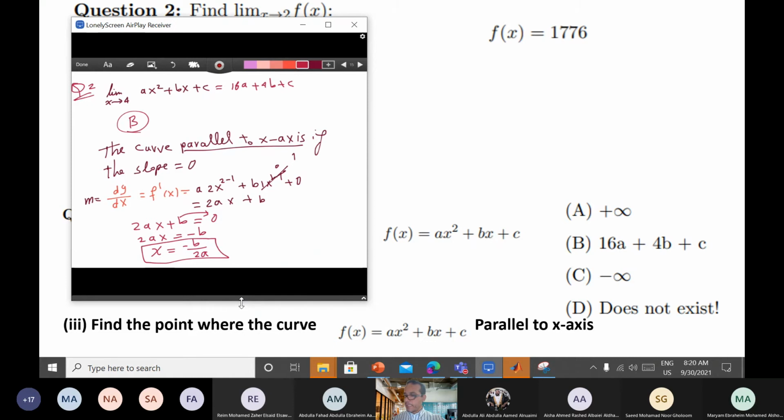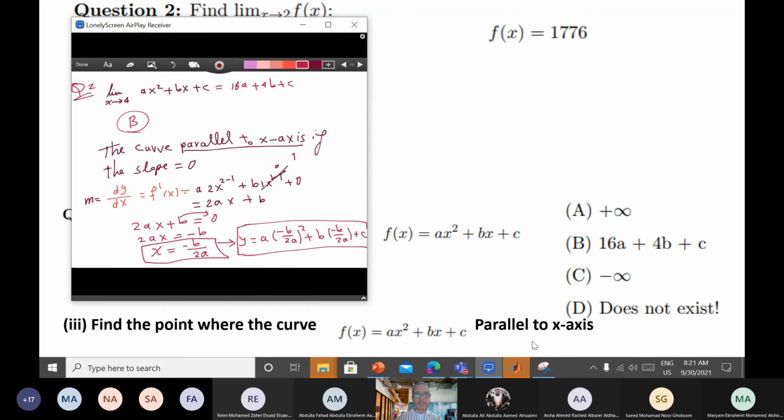Now I would like to have y, sorry. So y will equal a, I substitute x by minus b over 2a, squared, plus b, and x is minus b over 2a, plus c. This is the y and this is the x, because any point in the Cartesian coordinate has an x coordinate and a y coordinate, right? So this is the x and y.